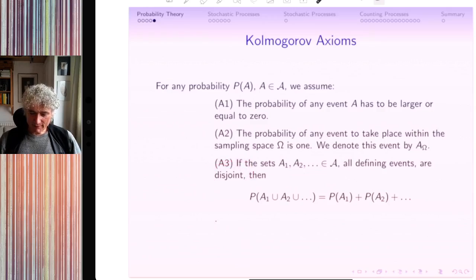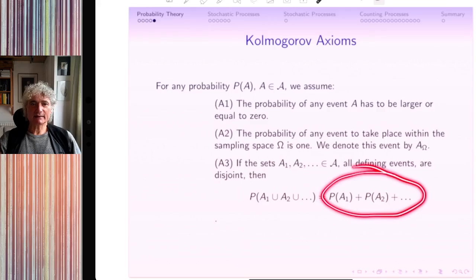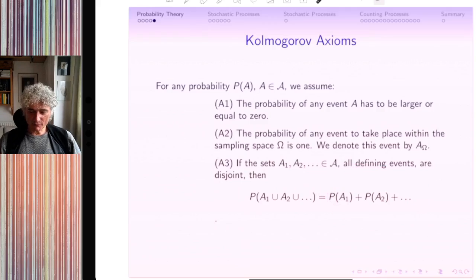But if you have that, then the probability of the union of all these events can be computed independently, and the whole probability of this union is just given by the sum of each of the probabilities independently.